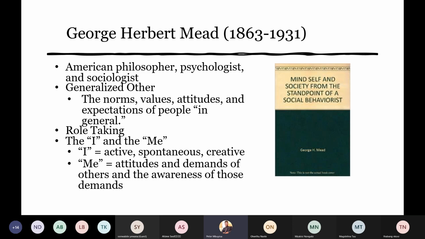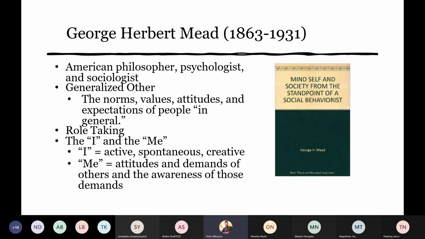Called the term generalized other. So we looked at how the norms, values, attitudes and expectations of people in general influence the structuralization of people in society. He was a person who worked on the symbolic interactionism paradigm.